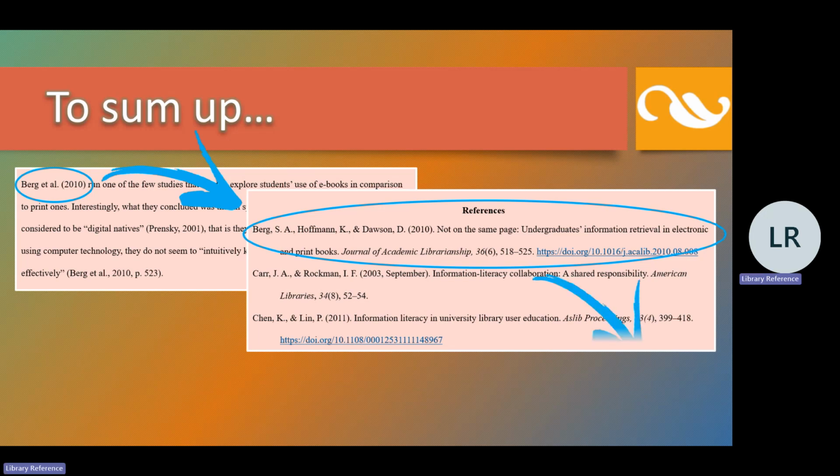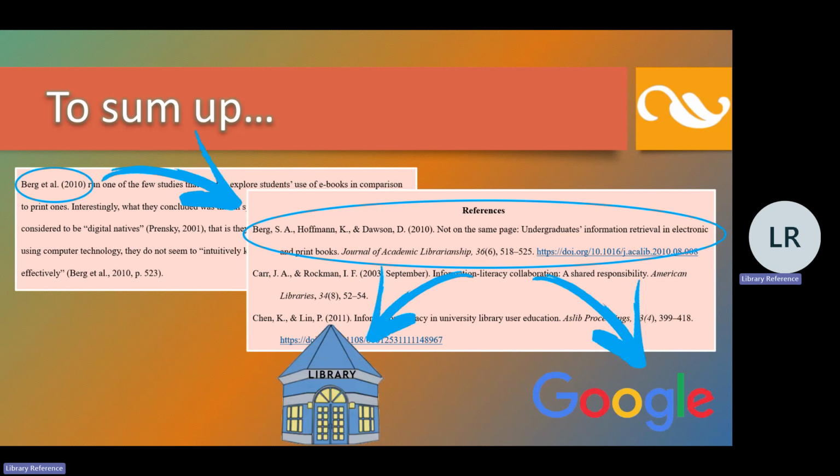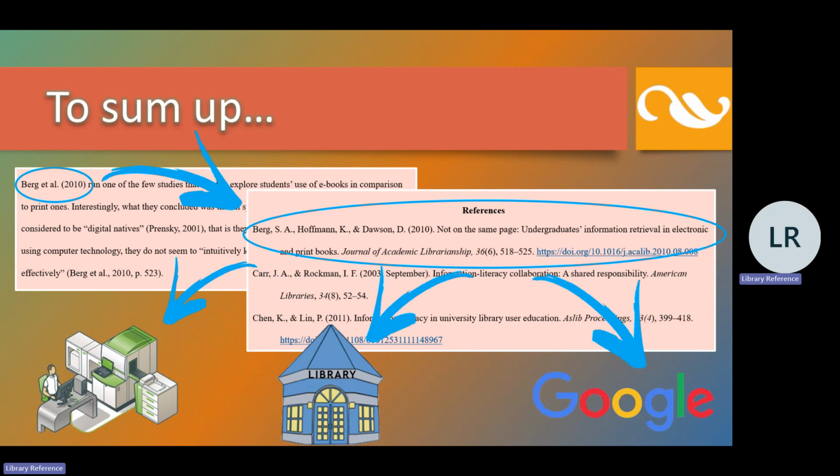So once they have the rest of the information, the title and location information of the source, what they can do is they can Google the source, and if they are lucky enough, they may be able to find it for free. Even if they cannot find it for free on Google, they may go to the library and check if it is available. Even if it's not available at the library, they may contact the publisher and request to buy a copy of the article.